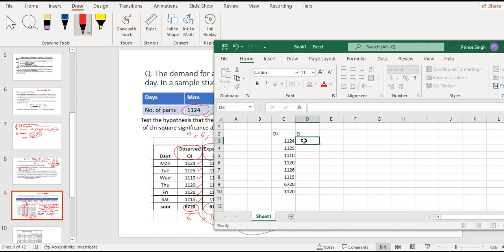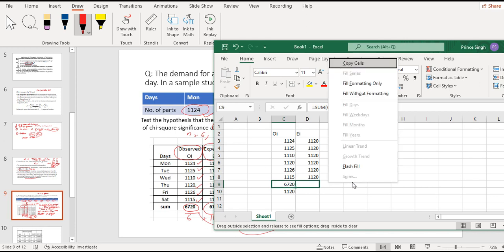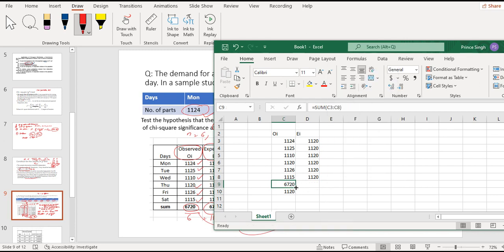It is 1120 for every day, because my assumption is that the demand of the spare part will remain the same throughout the week, right? Now if we apply the sum formula here by dragging this column, its value also comes out to be 6720. So the condition of sum is satisfied, right?